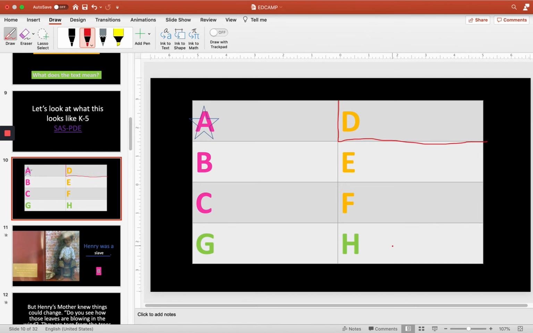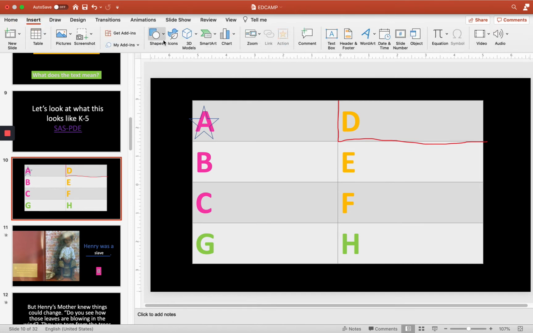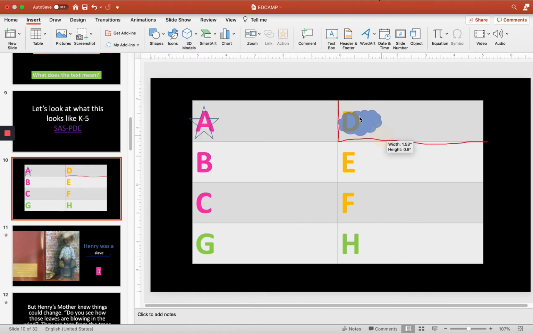If you don't have colored pencils or markers or colored anything, then do you see how I put a star around the A? So A, B, C could have a star around it. And then D, E, F could have a different shape around it, like a cloud shape.